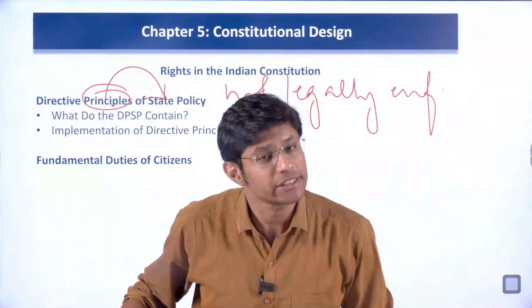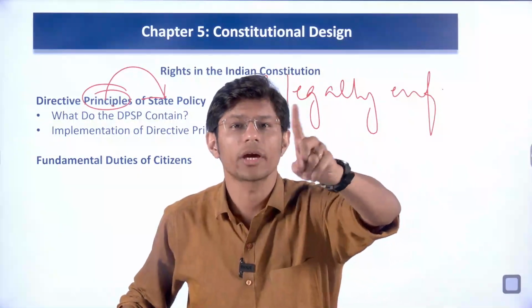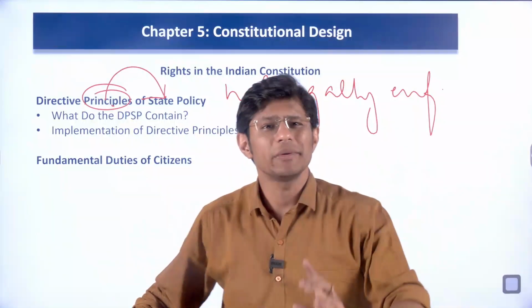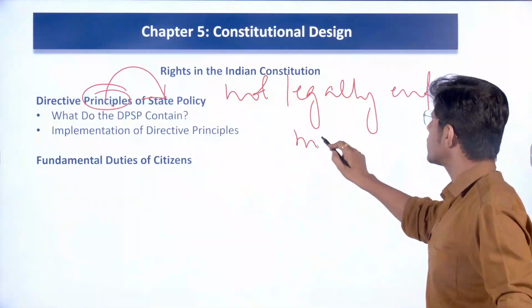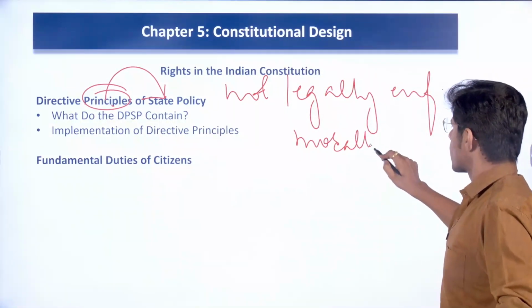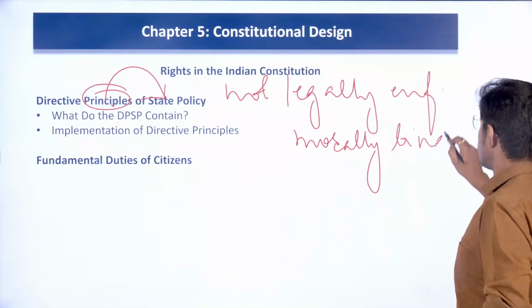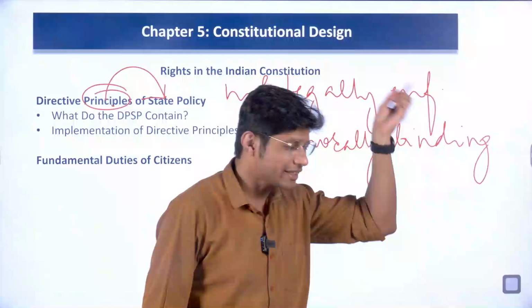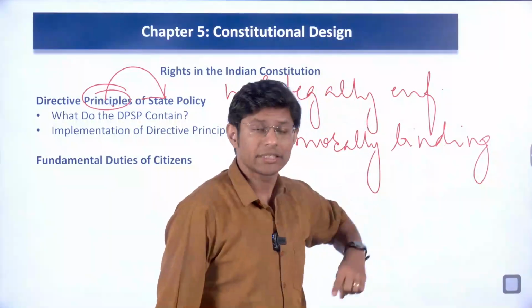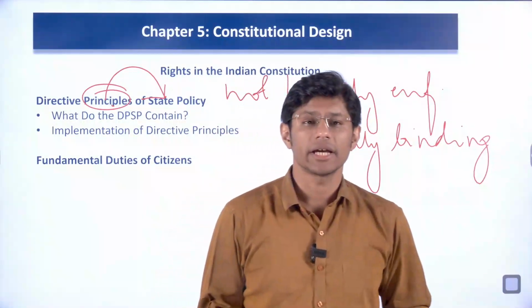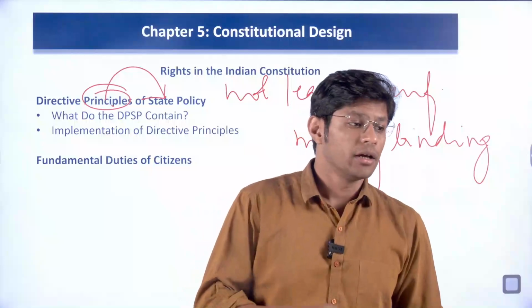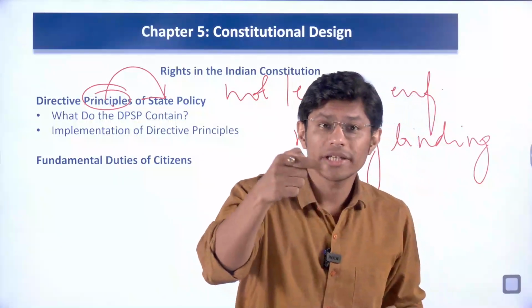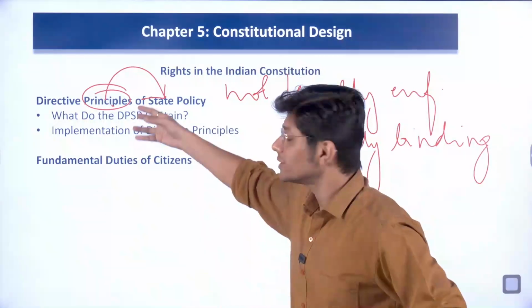Like fundamental rights, you could approach the judiciary. Here, you cannot approach the judiciary, which means they are just morally binding on the government. The government has to ensure to include these principles in their governance, and the citizens can also hold the government accountable through these provisions.